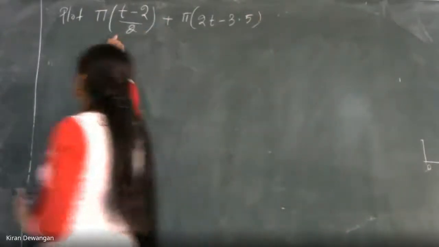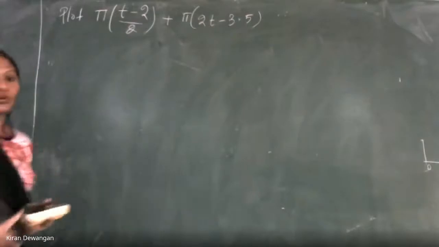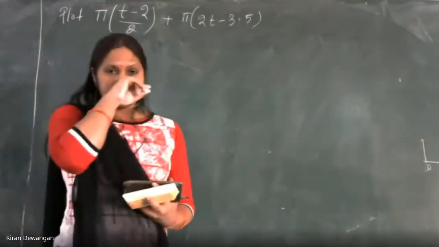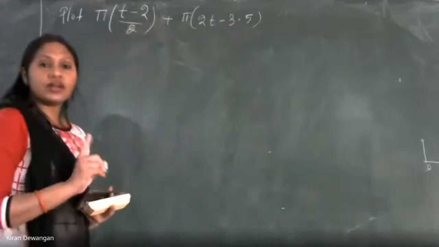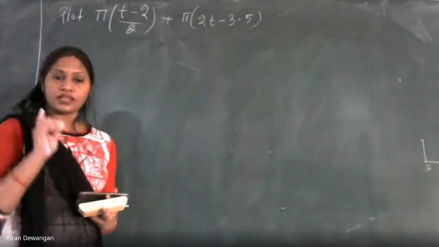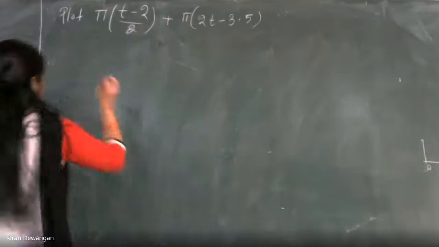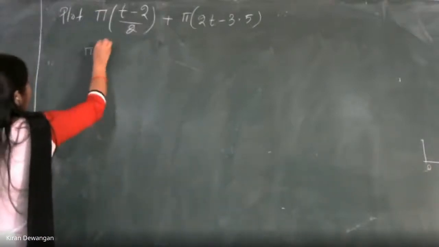Now, first of all, we need to know what is pi. There is a particular plot of pi t. We have already studied the rectangular pulse. What was the rectangular pulse?